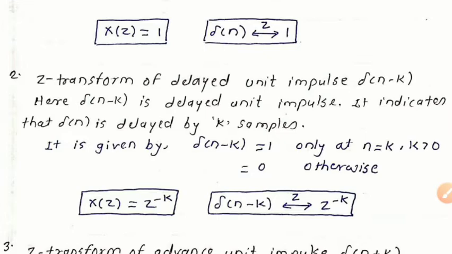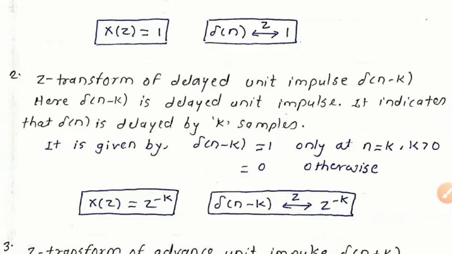So for any delayed unit impulse, that is delta of n minus k, its Z transform will be z raised to minus k, or it can be denoted as delta of n minus k bidirectional arrow z raised to minus k. There will be a minus sign for the k. So please remember its Z transform is z raised to minus k.